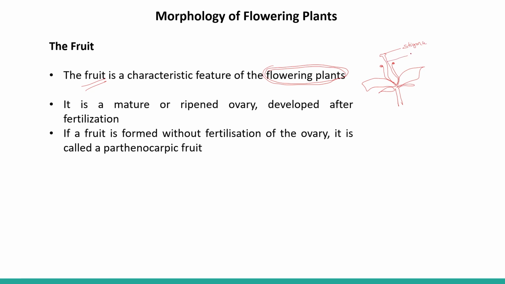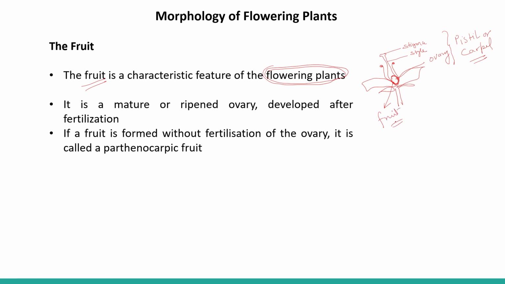This stalk-like structure is called the style, and this swollen bulbous part is called the ovary. These three structures together are called the pistil or carpel.